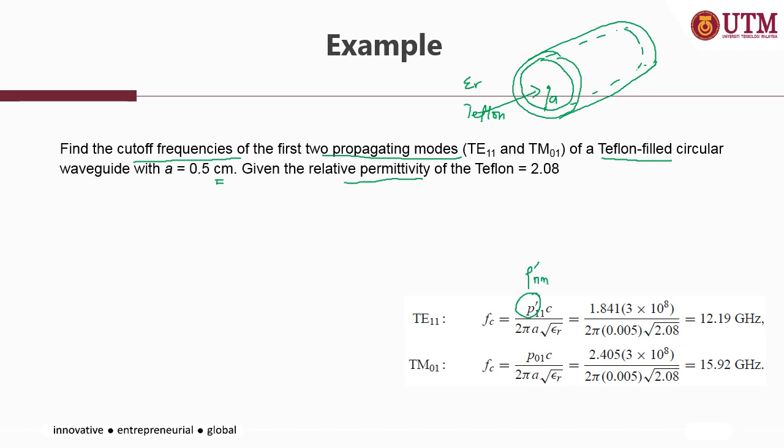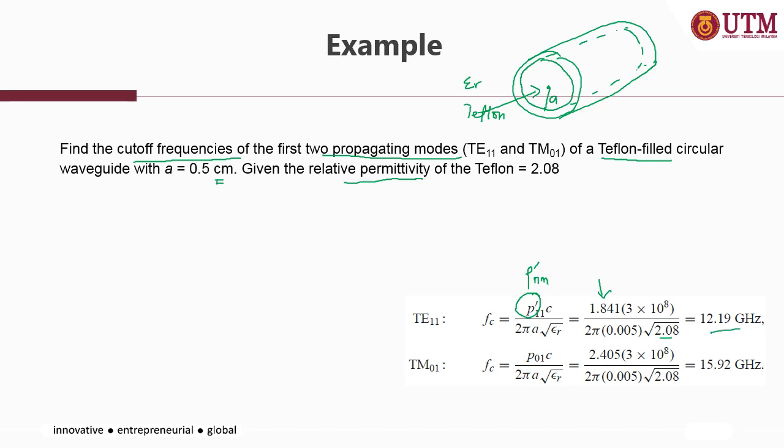So you need to refer to the table for TE modes to get the rho prime value. At N equal to 1, M equal to 1, rho prime is equal to 1.841, from the sample of rho prime NM values in the previous slide. And the epsilon r of the Teflon is given as 2.08 from the question. So you can get the cutoff frequency for the TE11 mode equal to this.